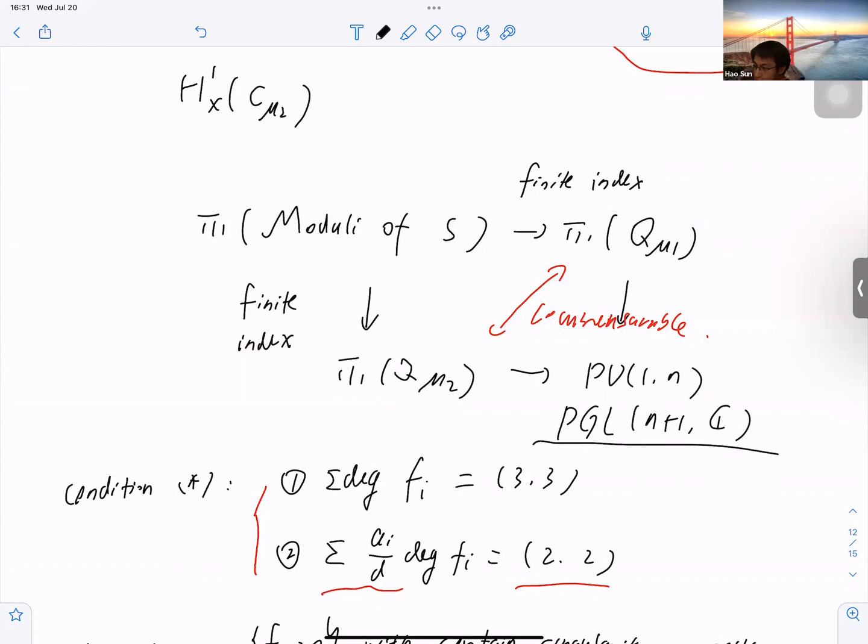I'm not sure, because here it seems that you are considering something like a real Lie group. Actually, I'm not very familiar with PU1n, but it seems to be something like a projective group with the real form U1n, something like that. But I'm not sure whether it can be understood in this way.